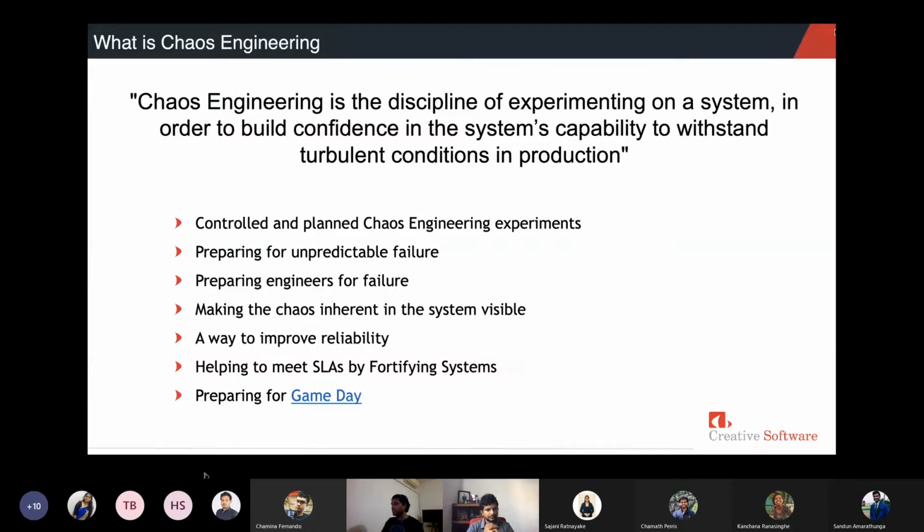Everybody is there, and you inject a planned failure and work together within a fixed time, let's say 1 hour or 2 hours, to resolve that problem. By doing that, company participants can gain more knowledge about what failures can occur, with these unpredictable failures occurring within the production system.